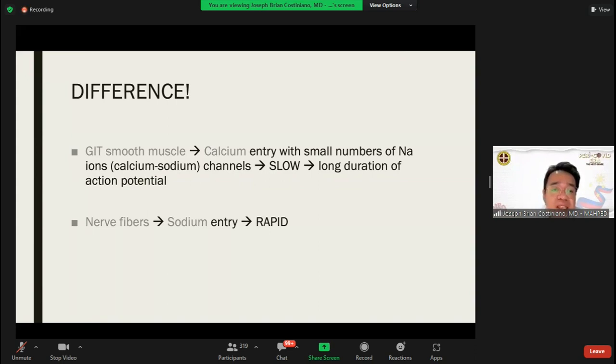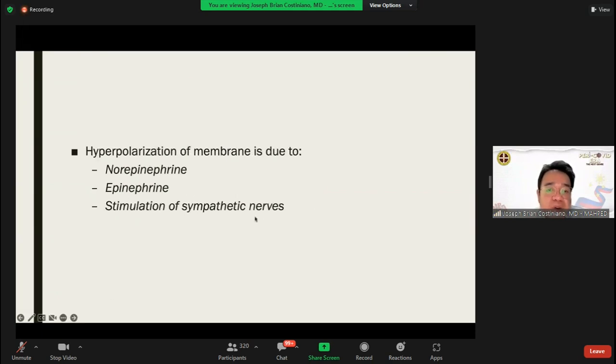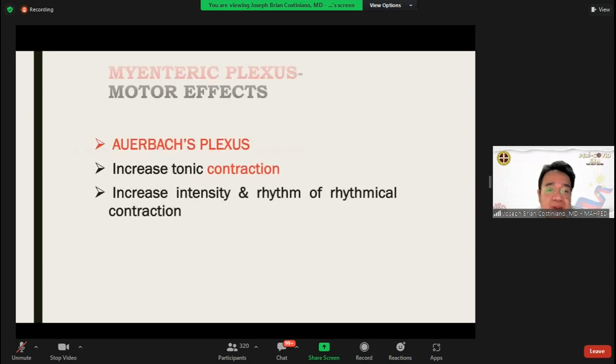Meanwhile, in your GIT smooth muscle, depolarization or action potential is caused by calcium entry. Factors that depolarize the membrane: muscle stretching, acetylcholine released by your parasympathetic nerves, and your specific GI hormones. Meanwhile, hyperpolarization is by sympathetic neurotransmitters, norepinephrine and epinephrine.